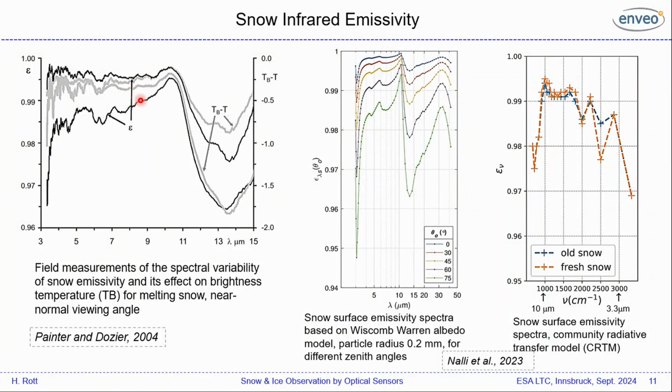These different curves, they don't write exactly about the viewing angle, and they mention it's near nadir, but a little bit of difference in the viewing angle makes a large difference in the emissivity. And this is shown by these curves here. Model computations in a recent publication by Nally.